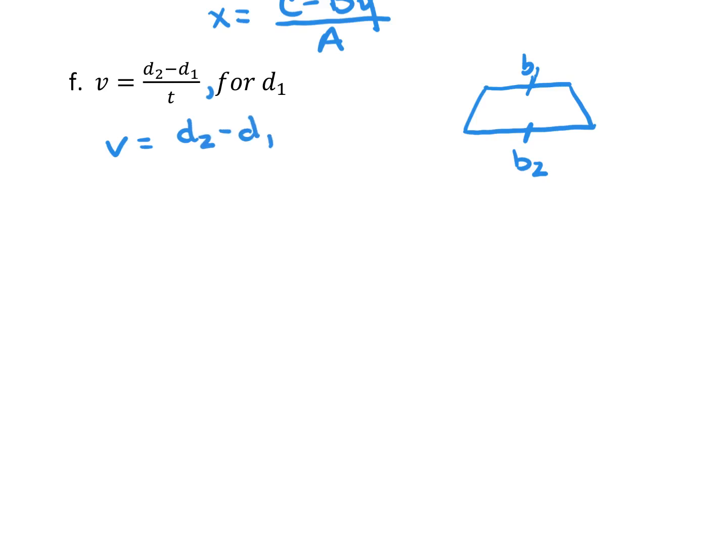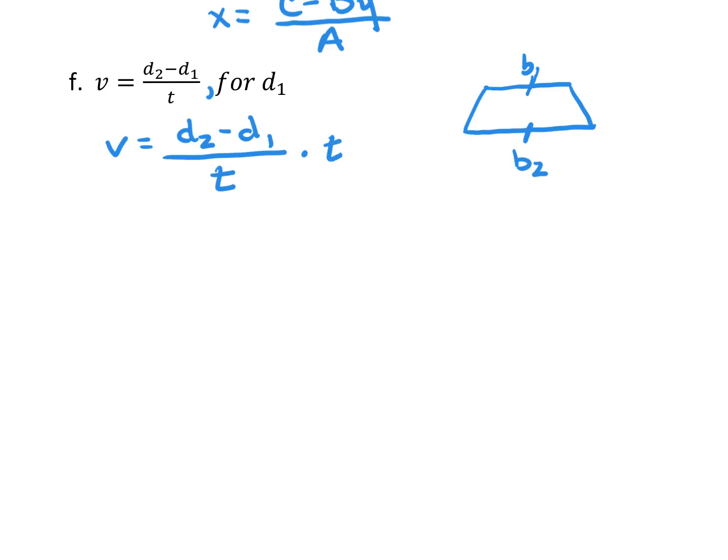The first thing I want to do is get rid of the t on the bottom, just like before. We don't want fractions, so that's the first thing I want to get rid of. You can either do LCD, or the way that I see this is I see something, no matter how complicated it is, divided by t.